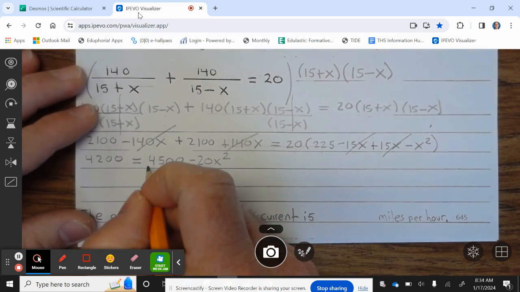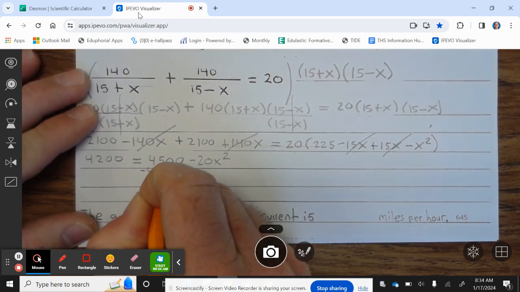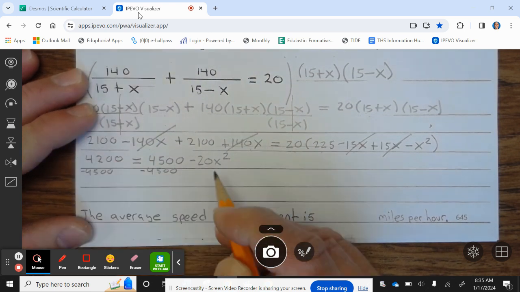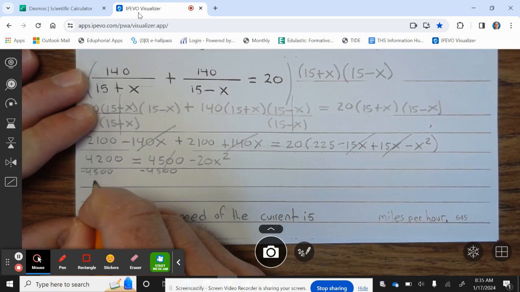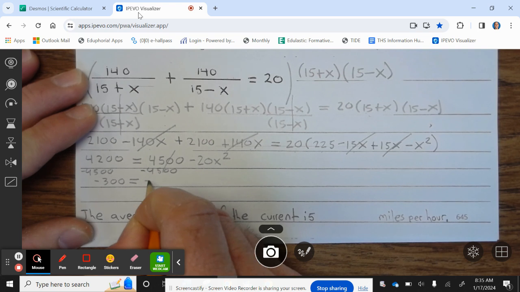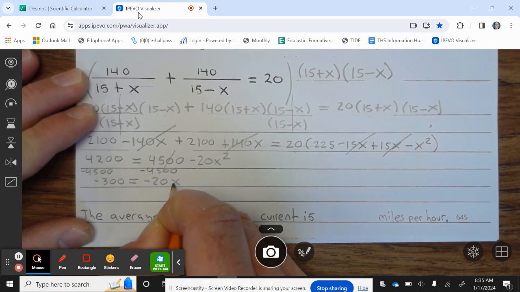We're going to subtract 4500 from both sides. Cancels, you get negative 300 equals negative 20 x squared.